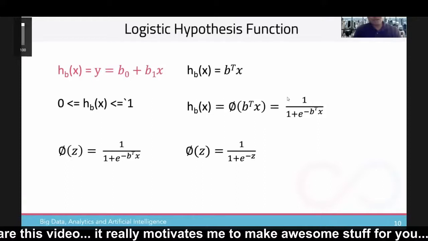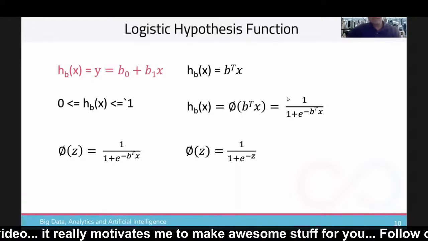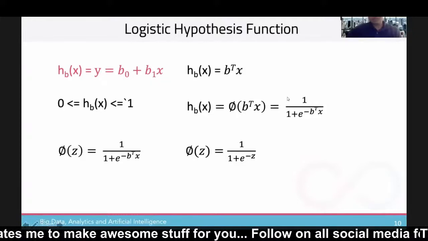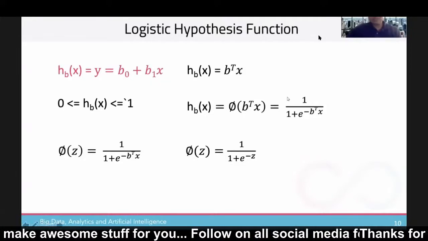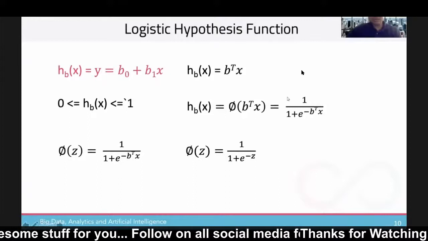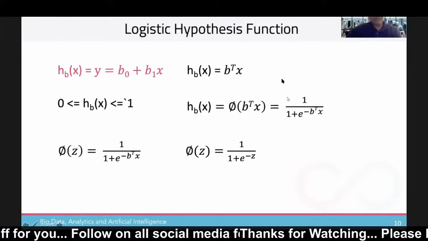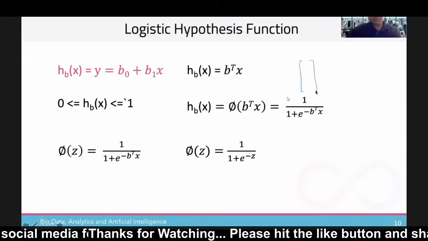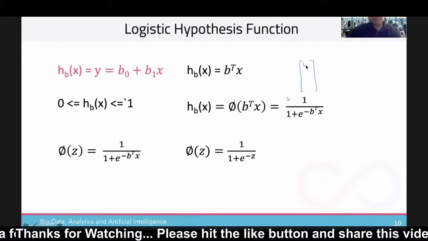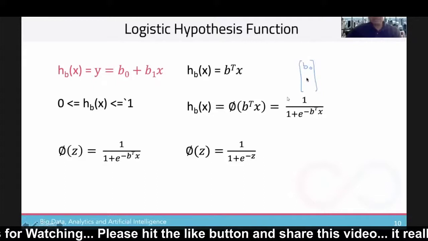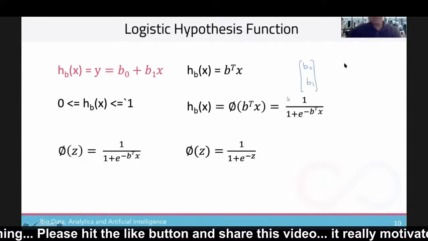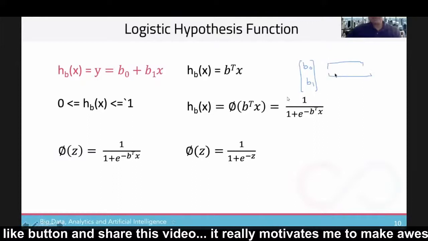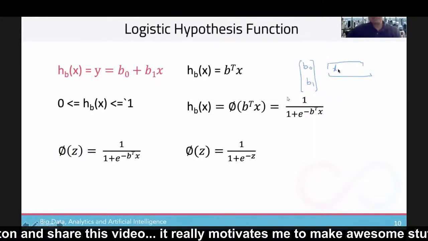Now, if you know the matrix equation, we can use the transpose. So we can have b naught and b1 here, and on this side we can have two variables, x naught and x1.